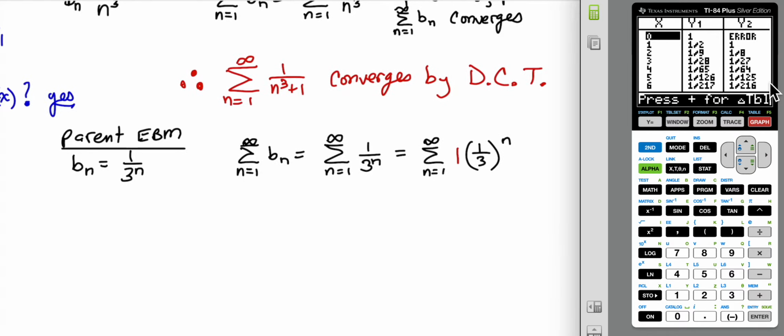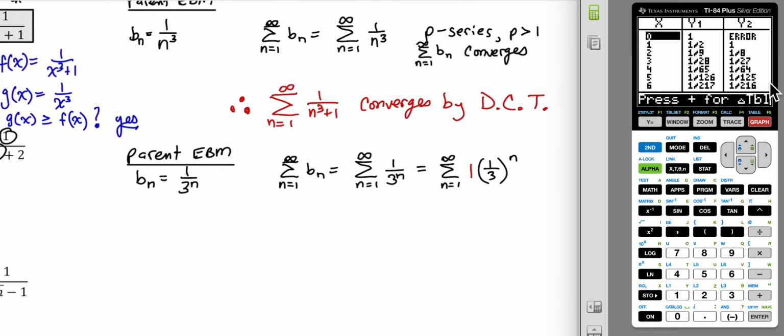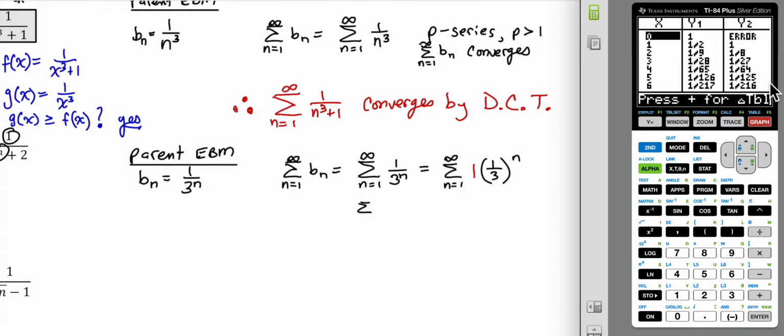So this is going to converge. So b sub n converges by the geometric series test, and that's because the r value is less than 1.